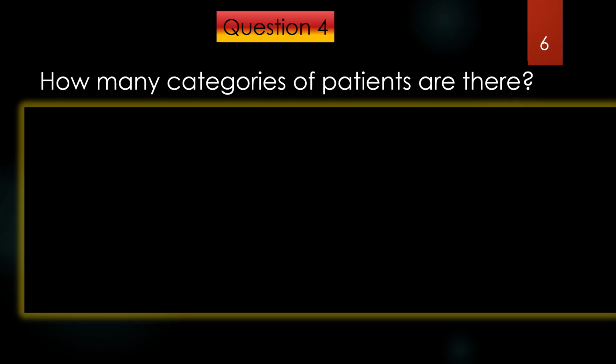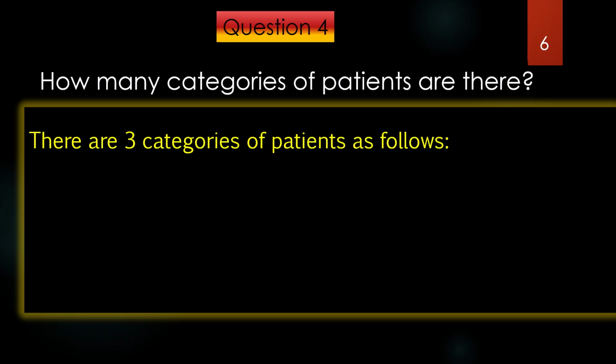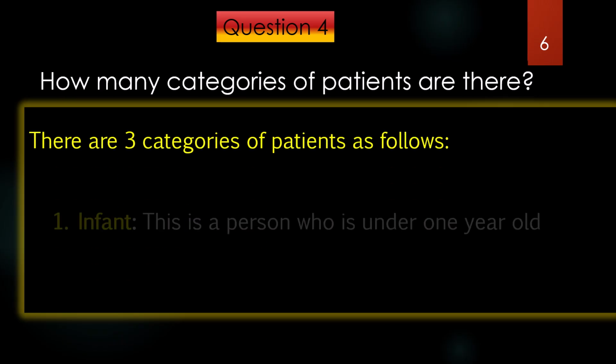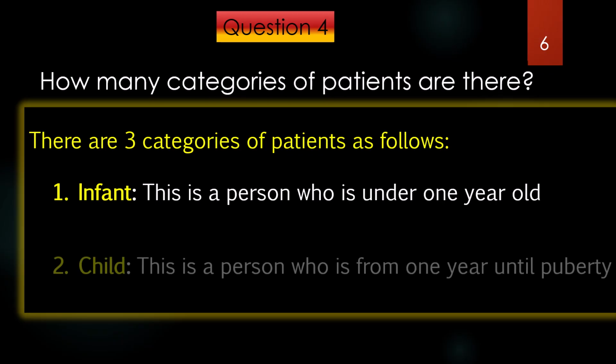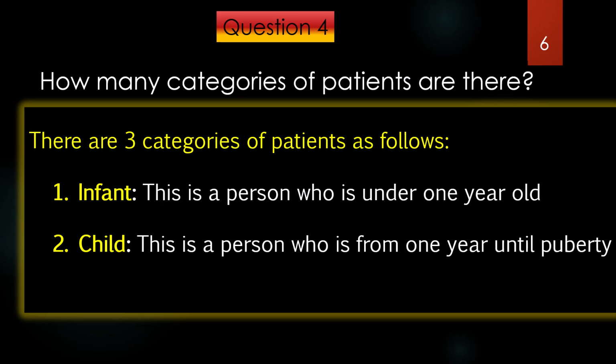How many categories of patients are there? There are three categories of patient, and they are as follows. Infant, this is a person who is under 1 year old. Child, this is a person from 1 year until puberty.